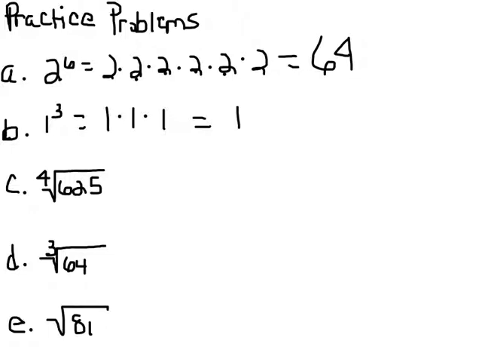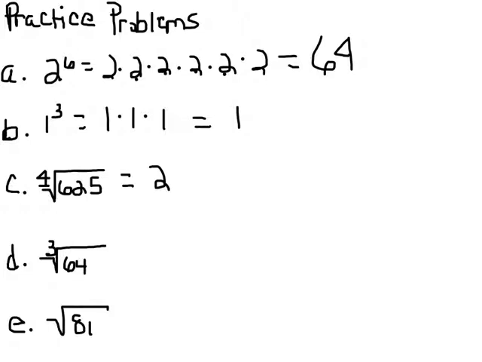Alright, in C, what number times itself 4 times is going to be equal to 625? Well, I'm going to guess that that's going to be somewhere around 25. So 25, no, I don't think so. I don't think it's 25. I'm going to try 5.